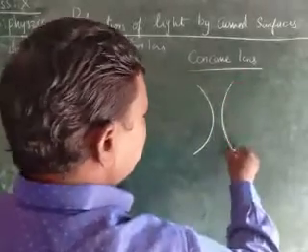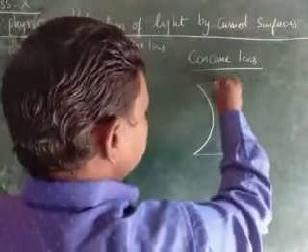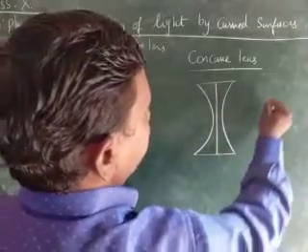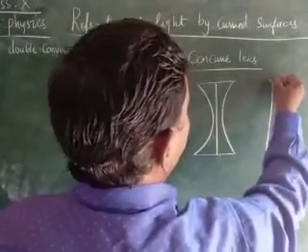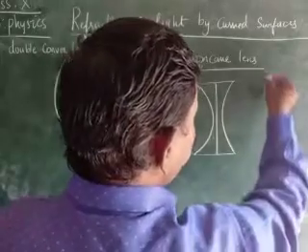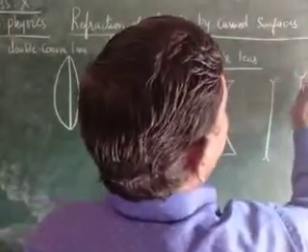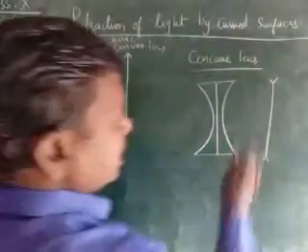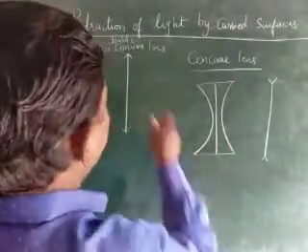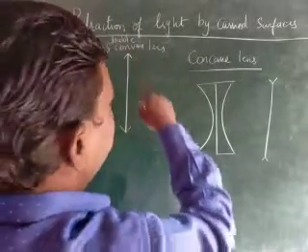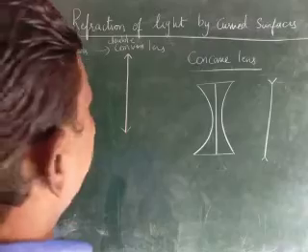Concave means double concave, convex means double convex. Simply, how to remember? C is outside, it is concave. We represent like this or like this. Convex, vex means cap: cap outside. Like that we can remember, children.